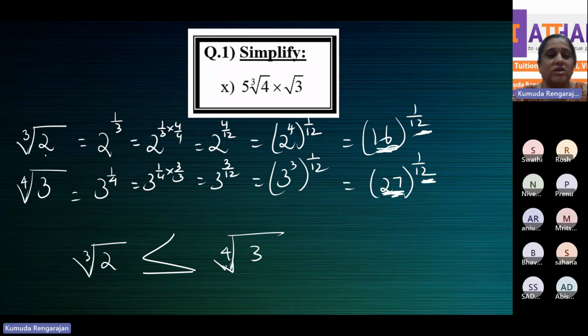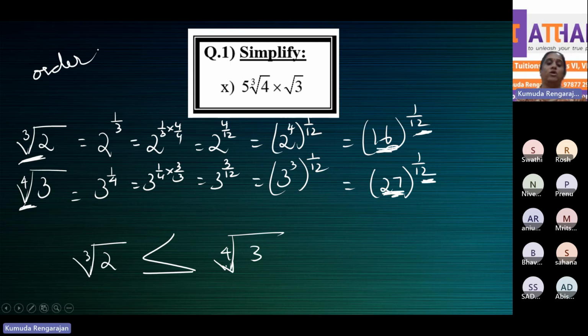This is called a surd or a radical of the third order. This is of the fourth order. This is order 3, this is order 4. So how do you compare? You'll have to bring them to the same order and then compare.